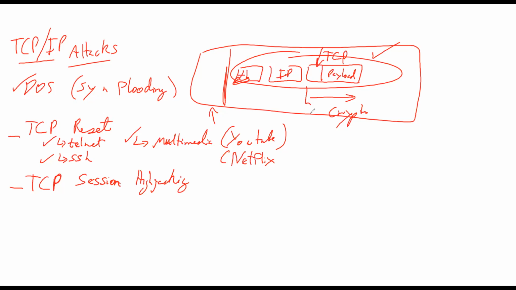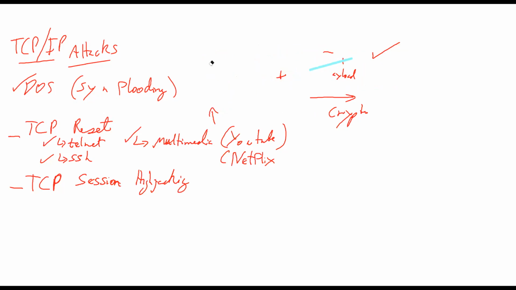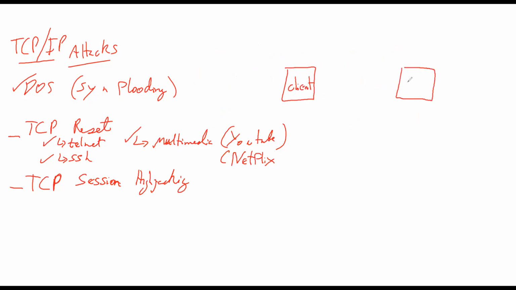But as far as our problems, this should be okay. So remember that in this scenario, because these are all TCP/IP attacks, they're always on the assumption of a client-server architecture. This assumes an established TCP connection, okay?